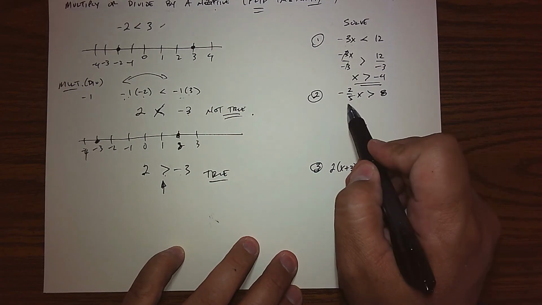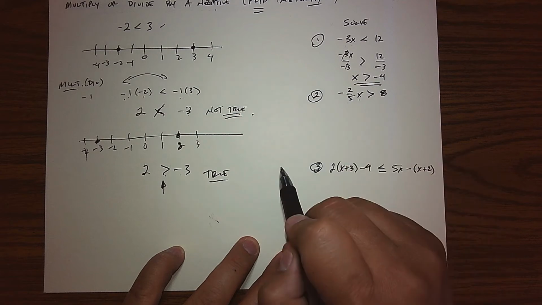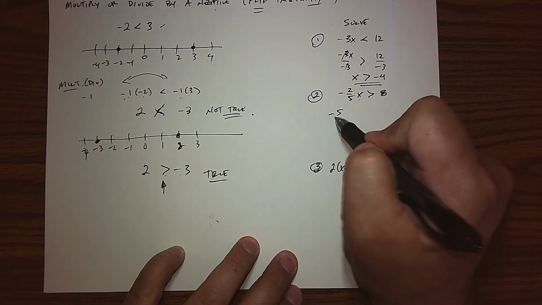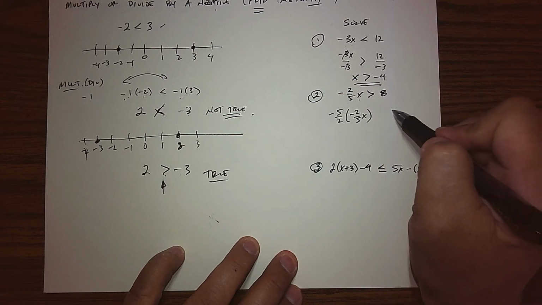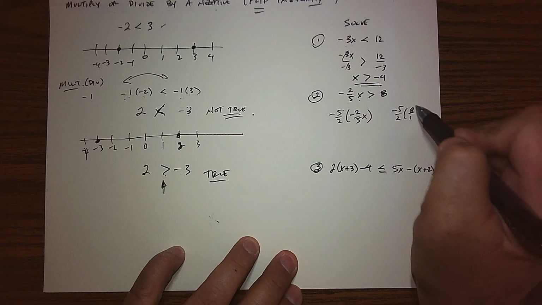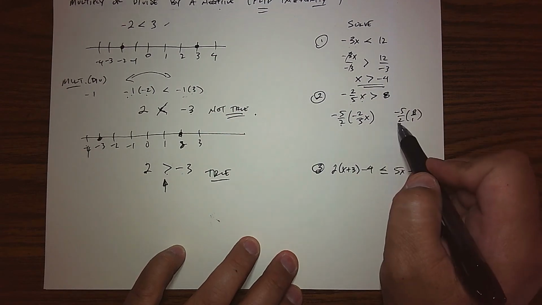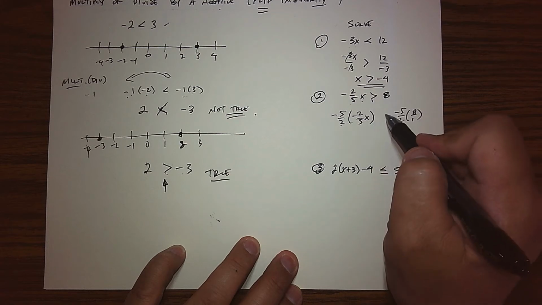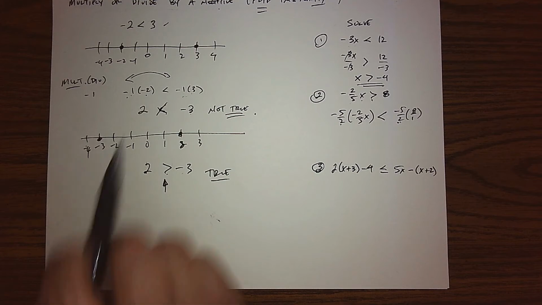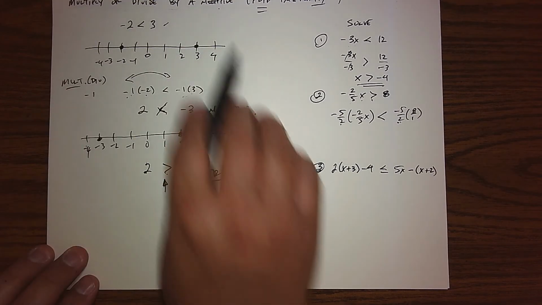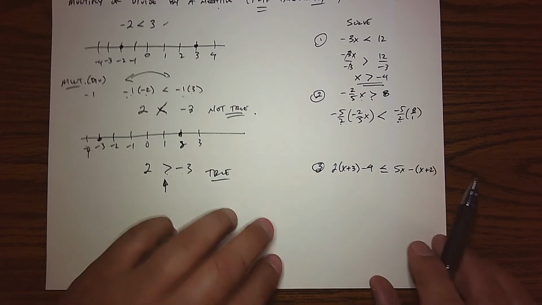In the next one, we have to get x by itself. We have to deal with the fact that it's being multiplied by negative 2/5. So perhaps I just take that side and multiply it by the reciprocal. Of course, whatever I do to one side, I have to do to the other. Because I'm multiplying both sides by a negative, I have to take what was my greater than symbol and flip it to a less than symbol. So every time you multiply or divide by a negative, you must accompany that with a flip-flop in your inequality.